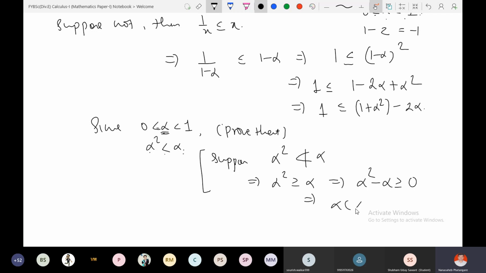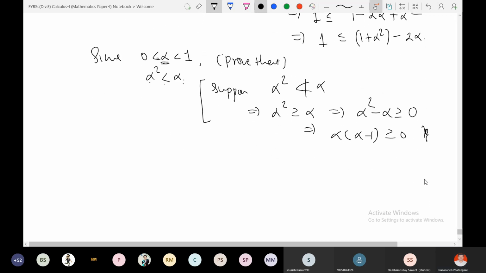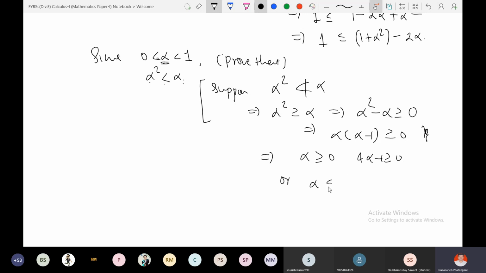That means alpha times alpha minus 1 is greater than or equal to 0.